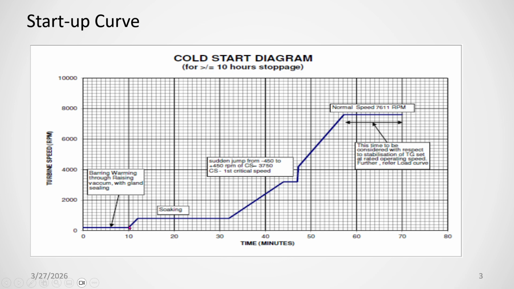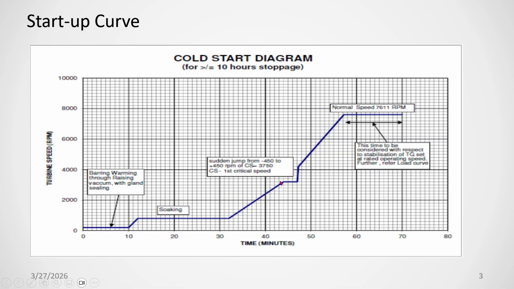Then gradually increase the speed to 1000 RPM, keeping it there for soaking for another 20 to 25 minutes, and watch the expansion of the casing and turbine and the oil temperature also. Then again increase the RPM up to 3500. Different turbines have different startup curves, cold and hot startup.